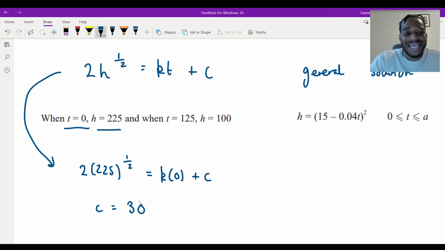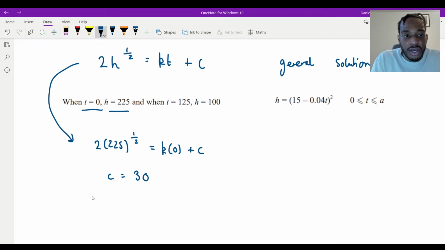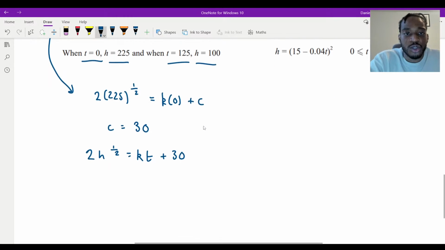So our constant c is 30, and that means we can update our equation: 2h to the 1 over 2 is equal to kt plus 30. Now we can use the other set of initial conditions to figure out what k is.